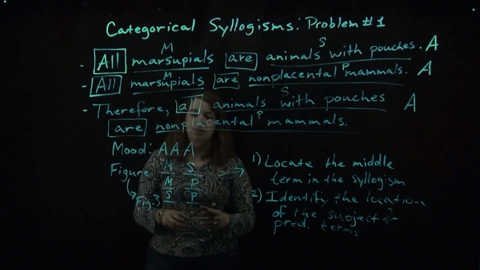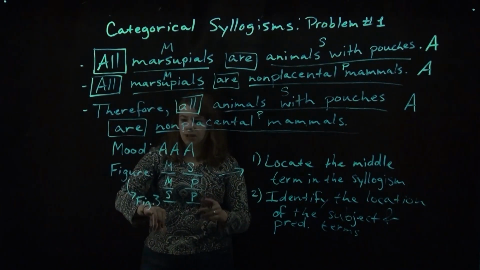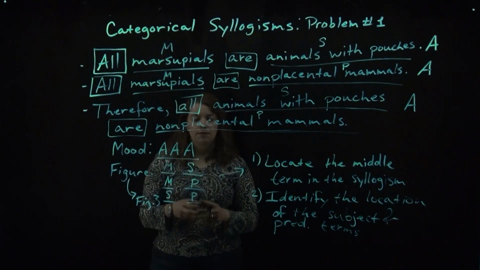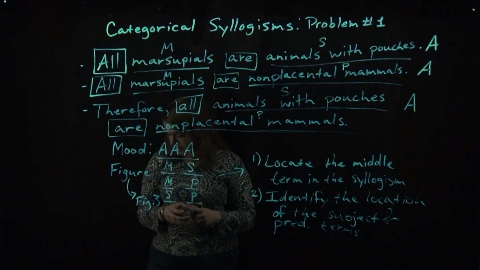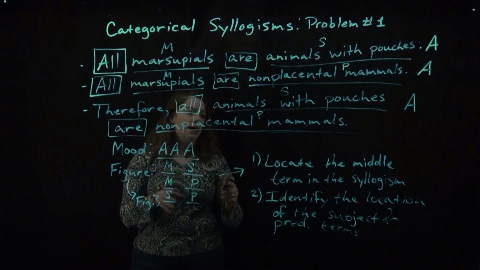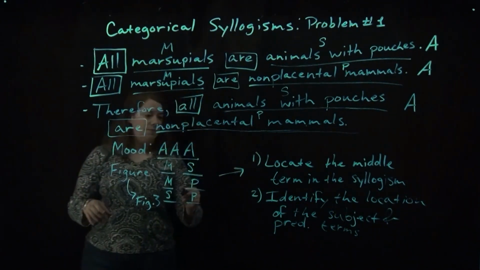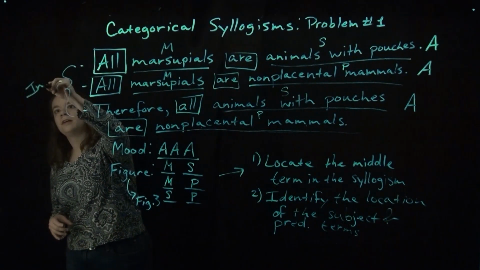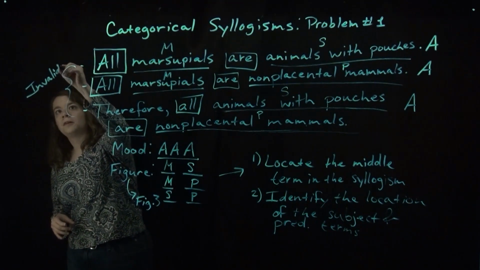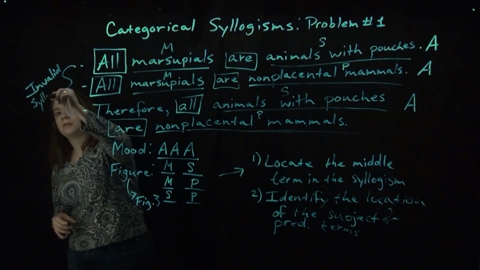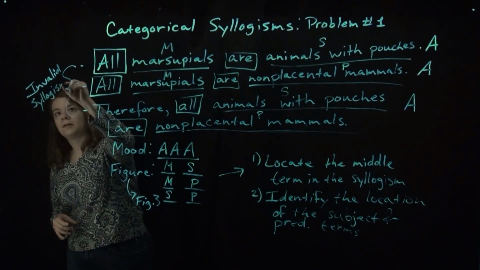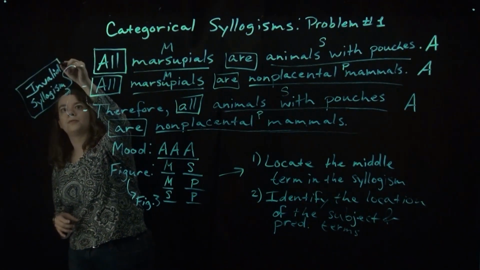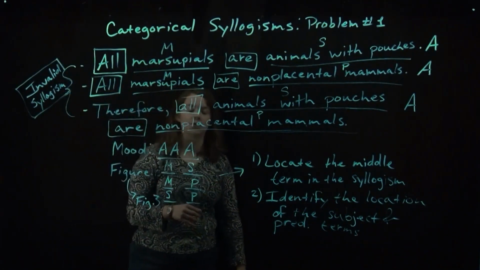And you'll find that figure 3 and the mood of AAA never come together in a valid syllogism. So from that point, we can say that this entire syllogism is an invalid syllogism. So this is our answer to whether or not this is a valid syllogism.